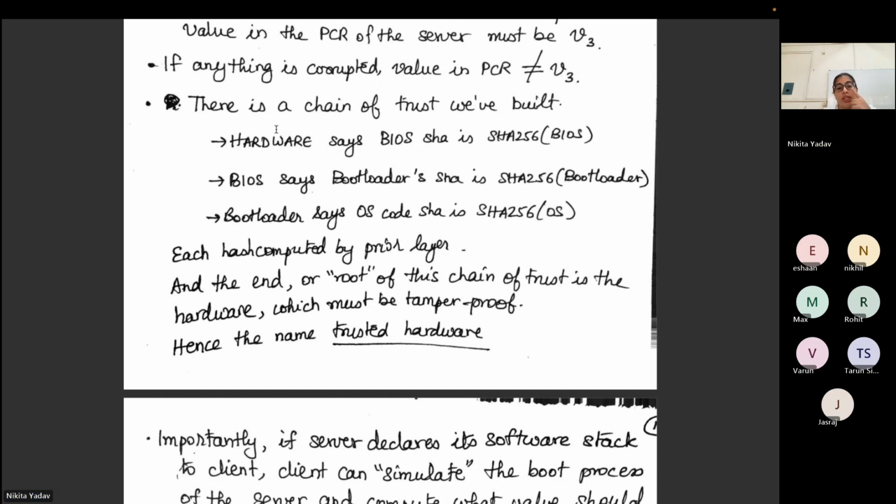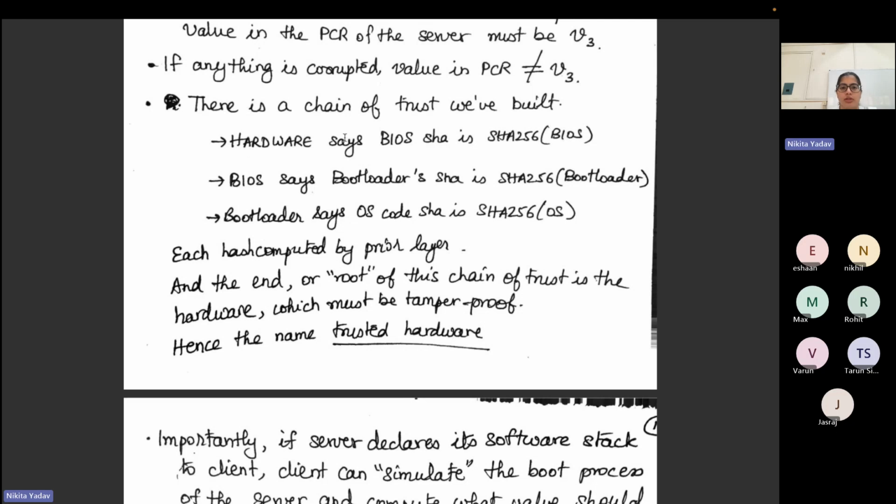If BIOS was corrupted, then the hash passed by the hardware would be a wrong value. Then the V3 PCR value which would finally be generated would not have matched V3.